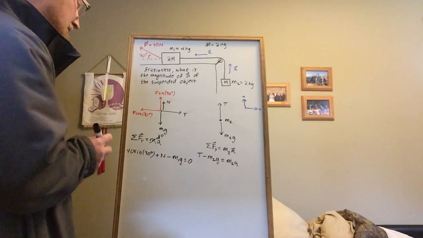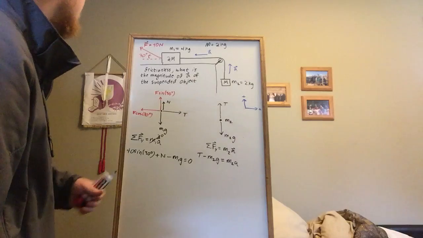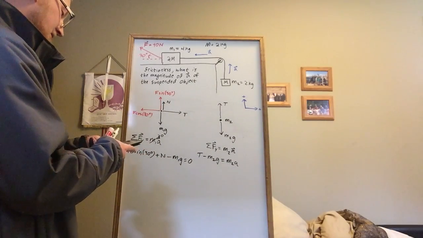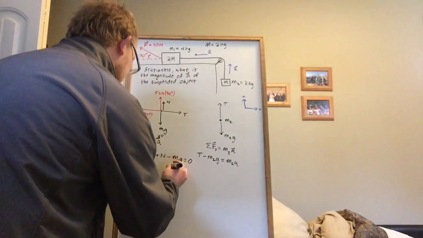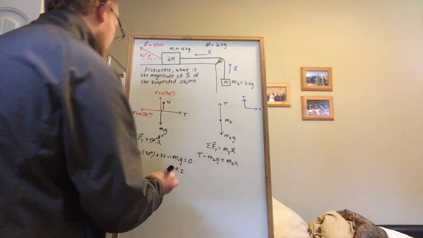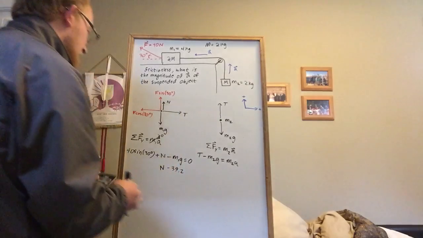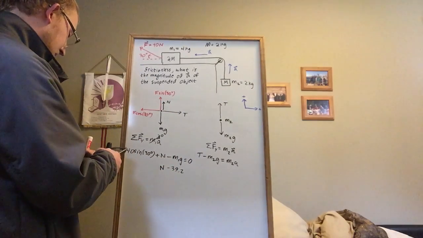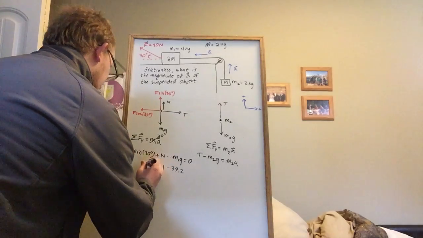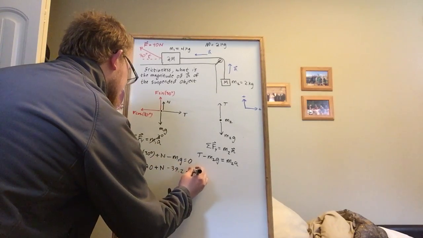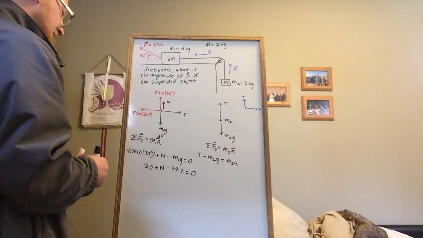So let's plug in some numbers. M1 is 4 kg times 9.8, which is g. So for this term we get minus 39.2. Normal force we don't know. Sine 30 times 40 is 20. So we know that 20 plus the normal force minus 39.2 equals 0.